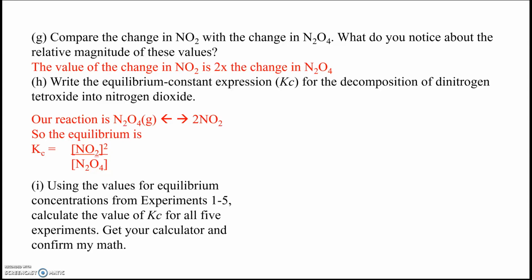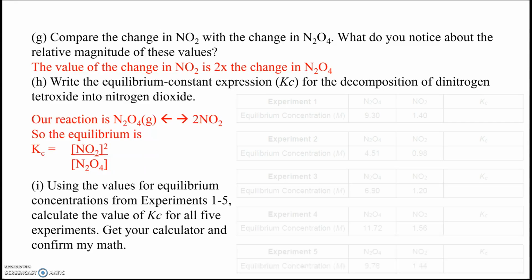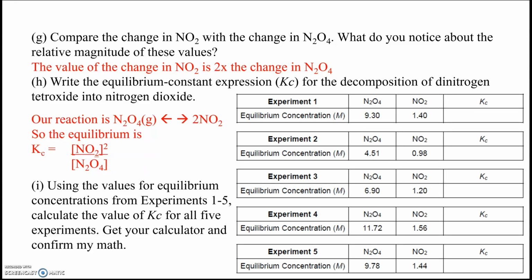So at this point, you need to get your calculator and confirm my math and confirm that you know how to do this. We look at experiment 1, and all we're doing is plugging the equilibrium concentrations into our expression for Kc.